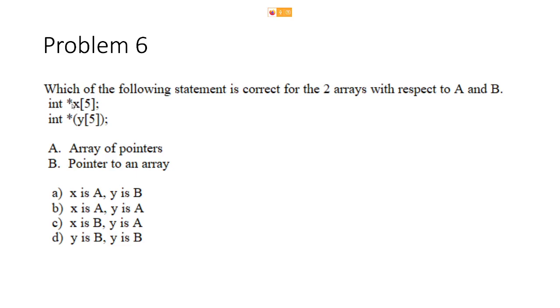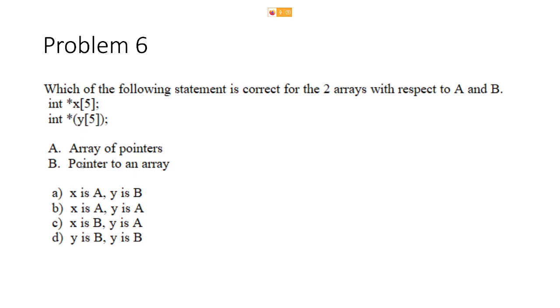X is an array, and this is the data type it is storing. So it is storing integer pointers. It's an array storing integer pointers. Similarly, Y is an array storing integer pointers. Both of these are array of pointers.